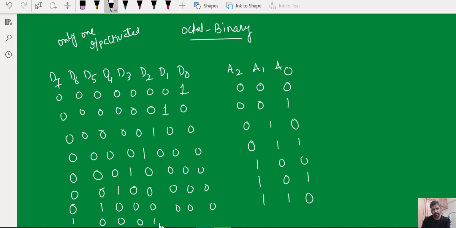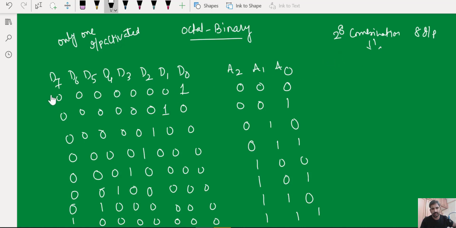So if you look at here, only one input is enabled, or only one input is pressed, at a given point of time. Ideally you are supposed to take 2 power 8 combinations, since you have 8 inputs, but the condition is that only one input is activated at any point of time.